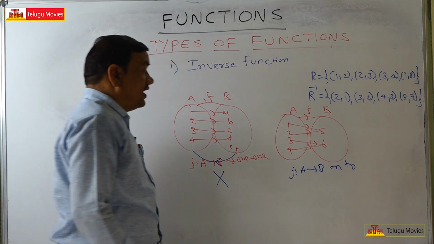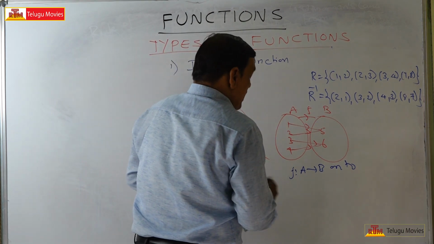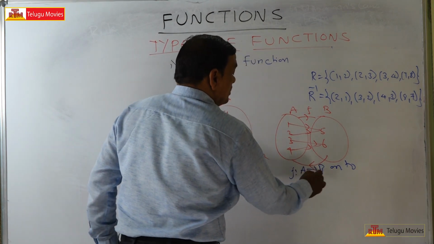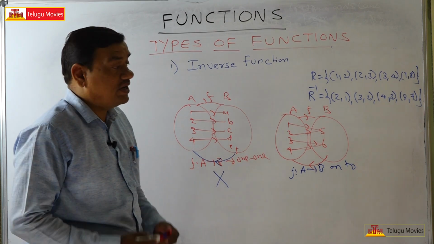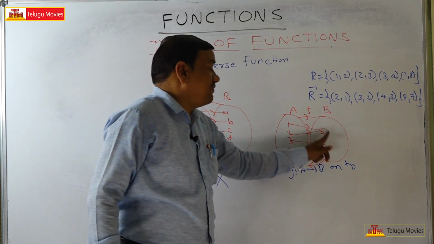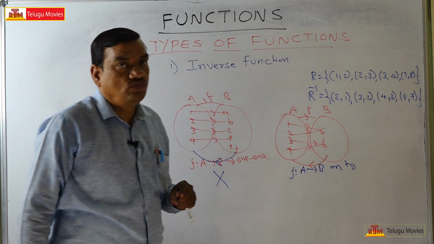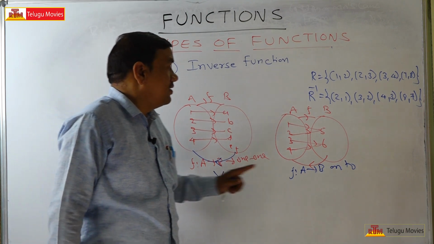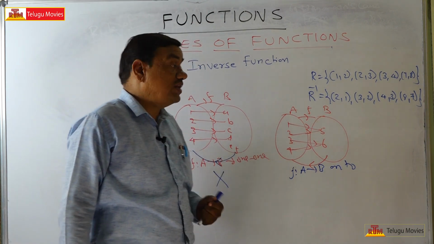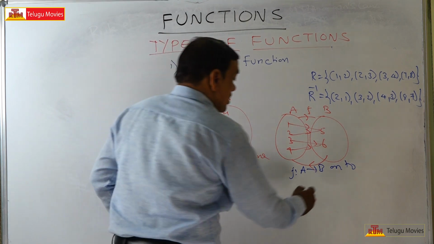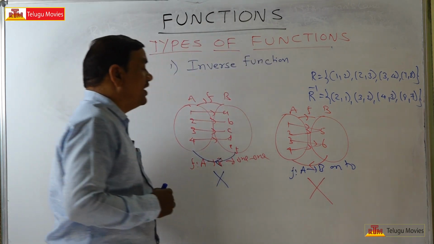Okay now. Let us think, is it a function from B to A? No. Why? Because the element 5 has two images, 1 and 2. Therefore, from B to A, it is not a function.